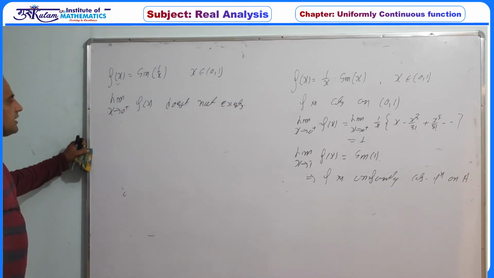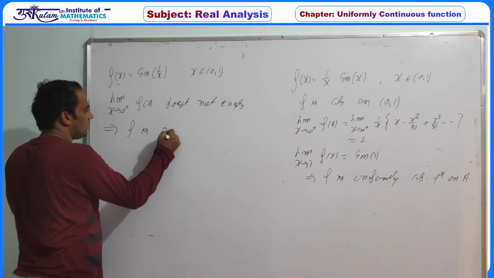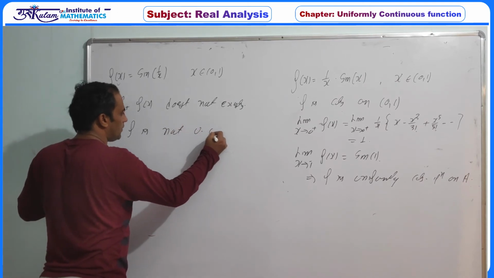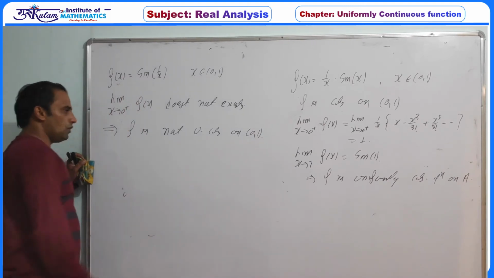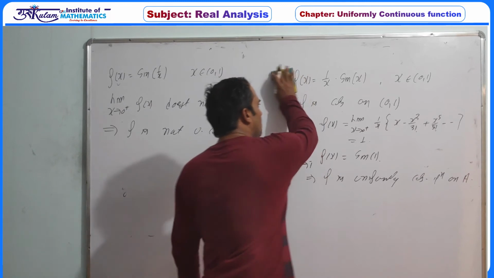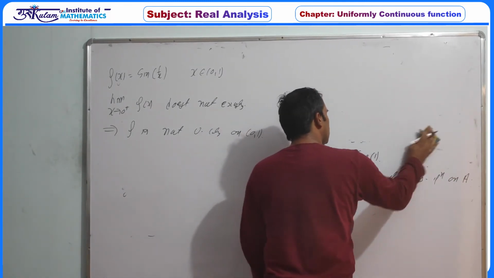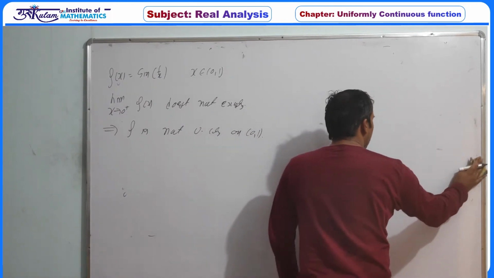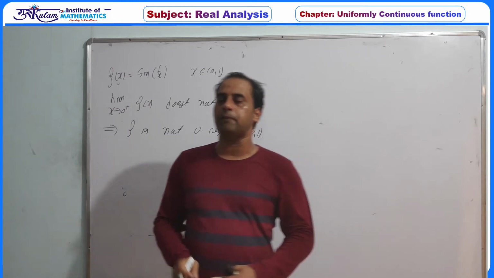So the limit as x tends to 0 plus of f of x does not exist, which implies f is not uniformly continuous on (0, 1). So whenever we have to find uniform continuity on an open interval (a, b), the necessary and sufficient condition is that f should be continuous on (a, b), and the right hand limit at a and the left hand limit at b must exist.